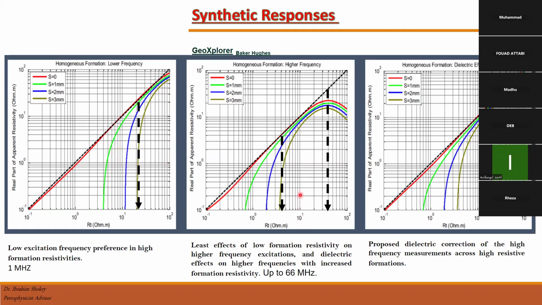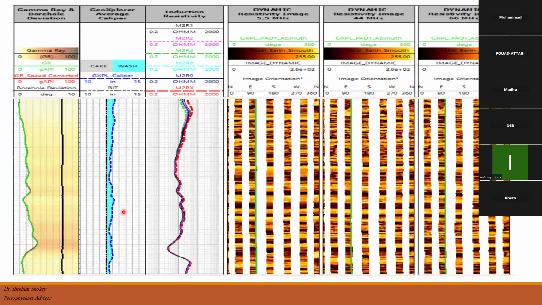So let us figure out what we can see, or what we will detect, if we run the traditional tool in the case of oil-based mud, in the case of resistivity less than 20 ohm-meter.